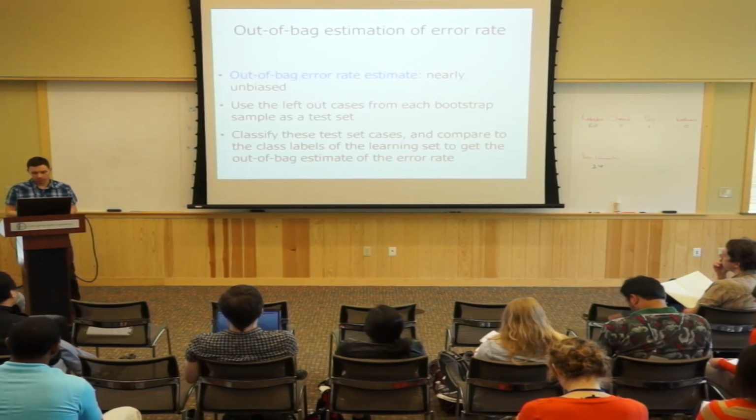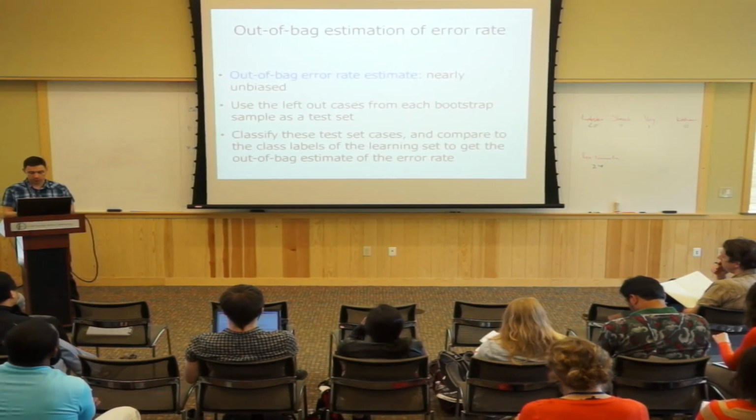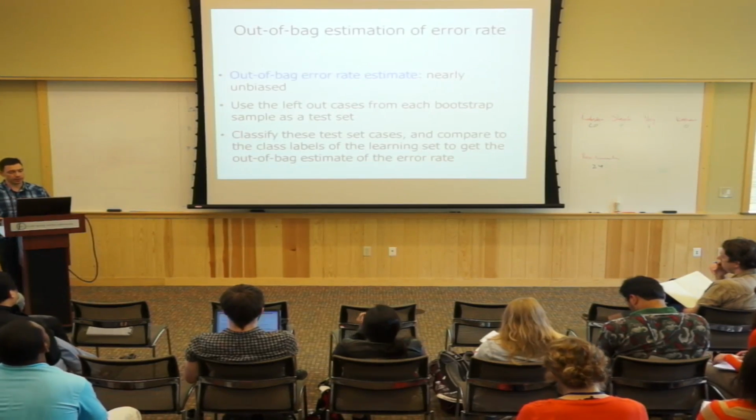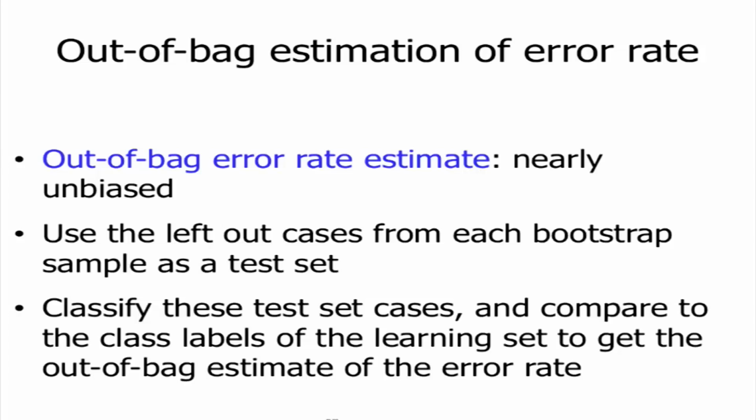One major advantage of bagged predictors is that they allow us to estimate the so-called out-of-bag error rate, which is nearly unbiased. And the idea is very intuitive. About a third of subjects will not be part of a particular bootstrapped data set, and you just use these left-out cases from each bootstrap sample as a test set.